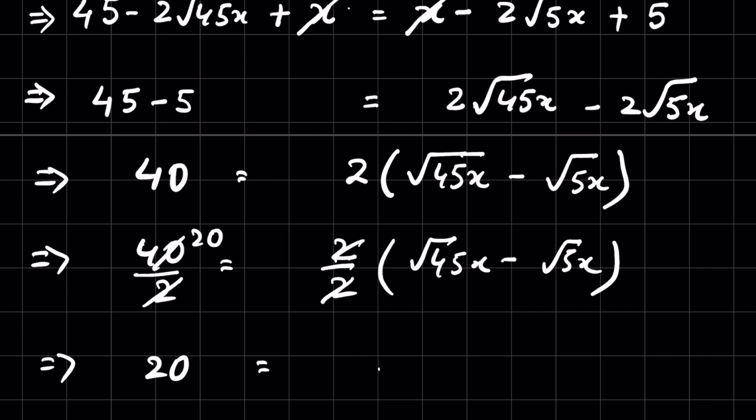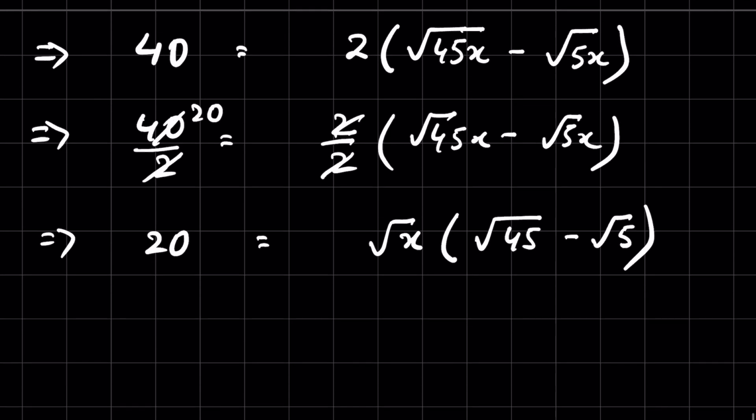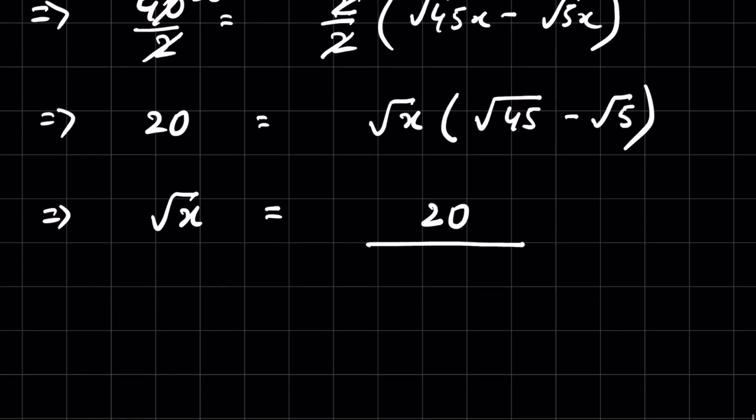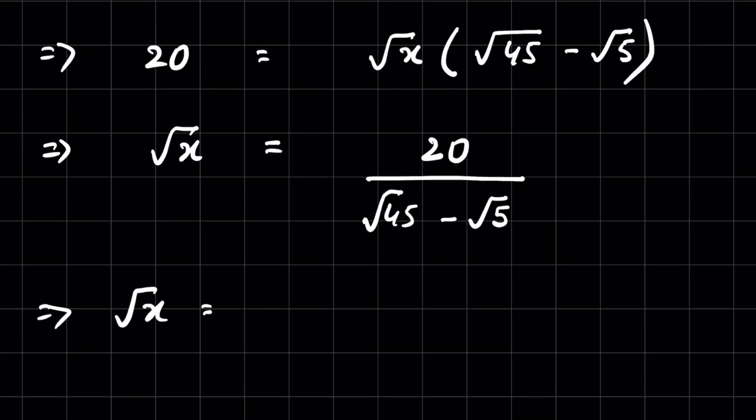We can again write it as √x times √45, or we can take √x common and write (√45 − √5), or we can write √x is equal to 20 upon (√45 − √5).